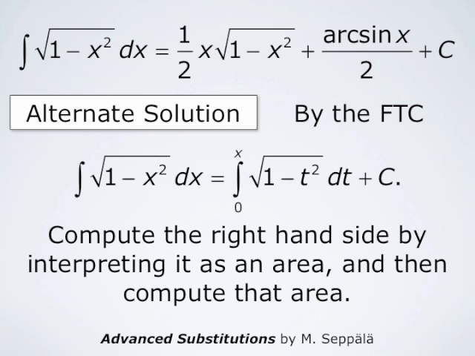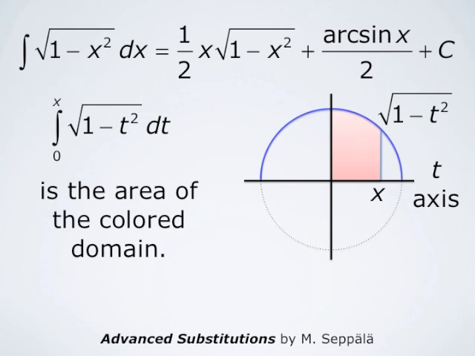The definite integral from 0 to x of square root of 1 minus t squared dt is the area of the colored domain under the graph of the function square root of 1 minus t squared and over the interval from 0 to x.